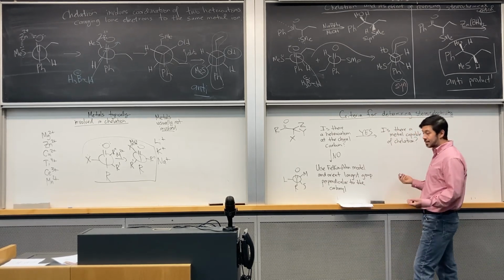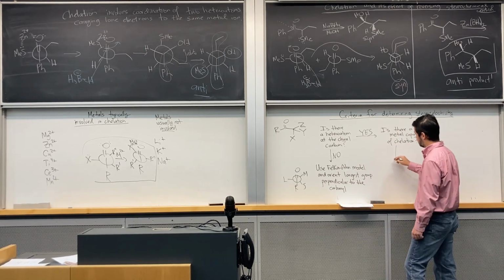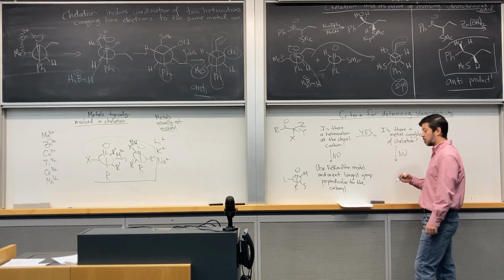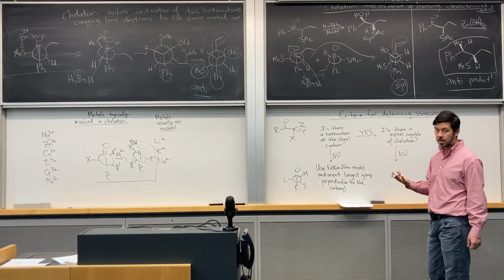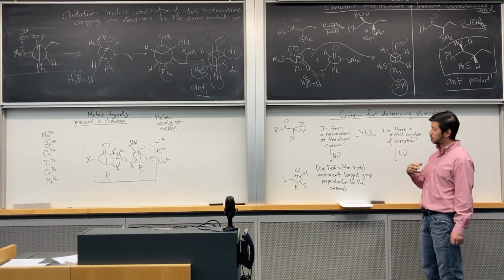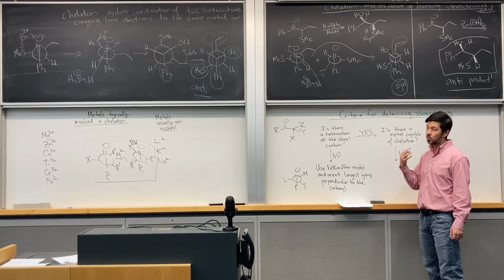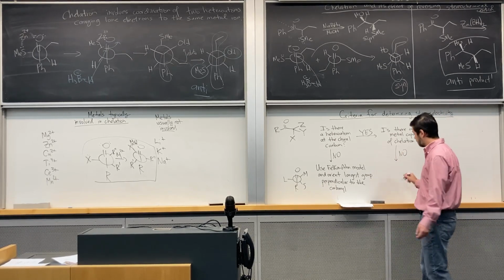If there isn't a metal, then you're going to use the Felkin-Anh model, except you're going to put the electronegative heteroatom perpendicular to the carbonyl.